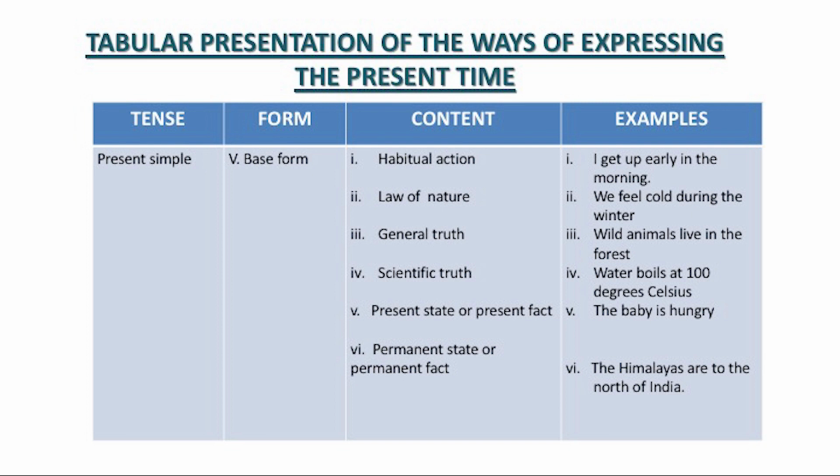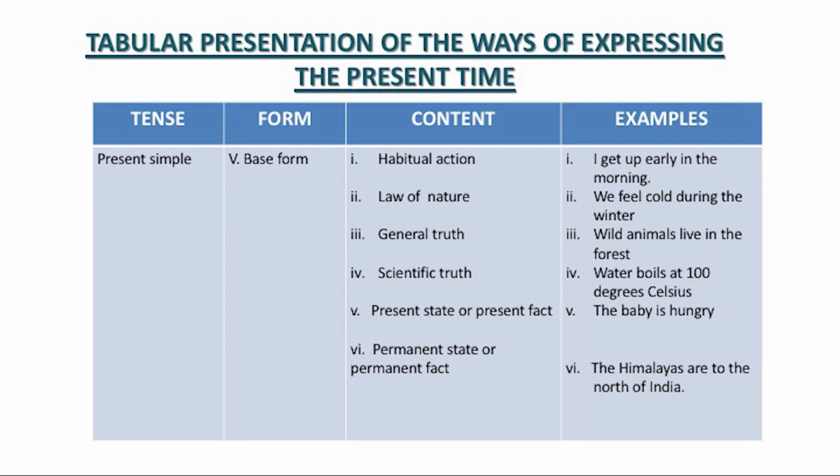Two ways of expressing the present time, one is simple present and the other is present progressive, and in simple present the verb always takes the base form, and simple present is used for the context of habitual action, laws of nature, general truth, scientific truth, present fact or state and permanent fact or state.